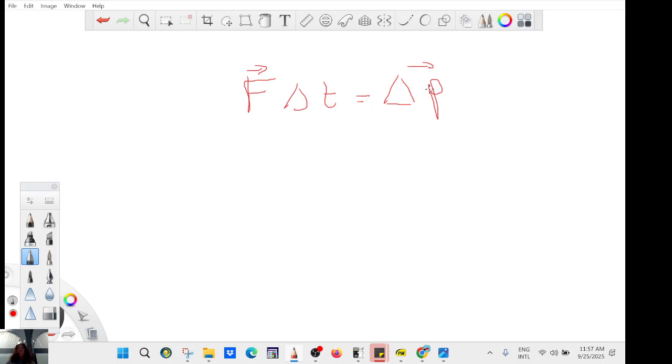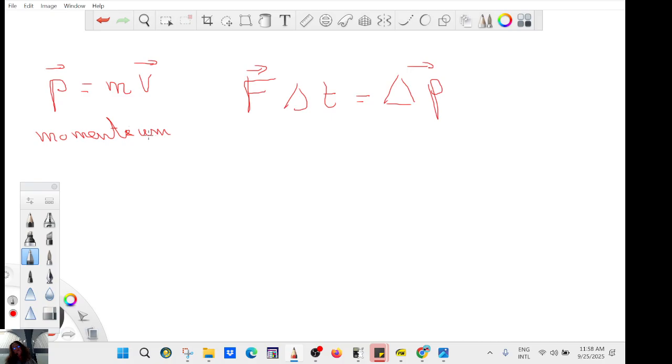Okay? So what is momentum? It's a quantity defined by Newton, and he called it the quantity of motion: how much motion there is for a given mass. The definition of momentum, which is a vector, is just mass times velocity. That was defined by Newton.